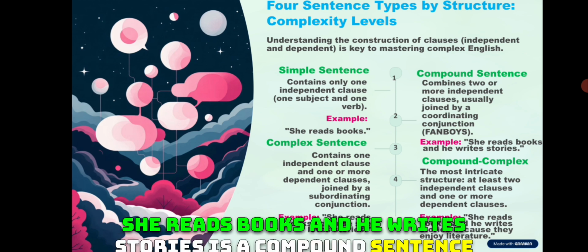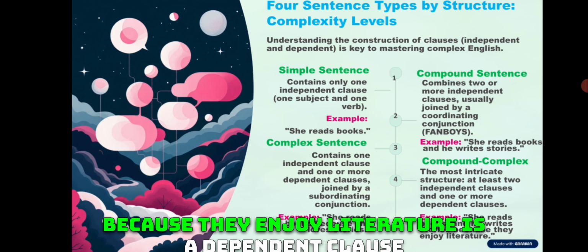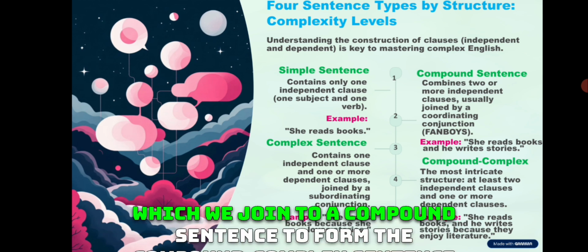She reads books and he writes stories is a compound sentence. Because they enjoy literature is a dependent clause, which will join to a compound sentence to form the compound complex sentence.